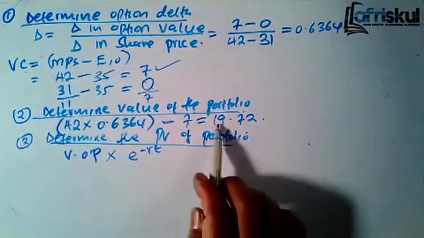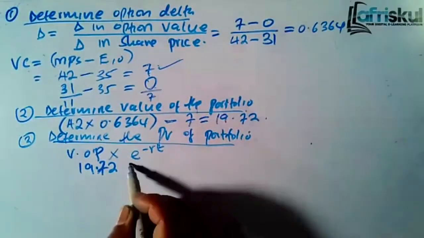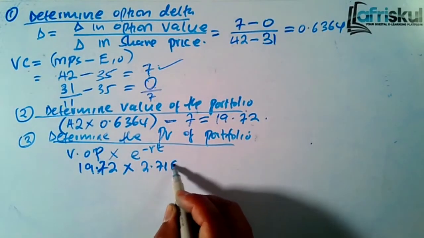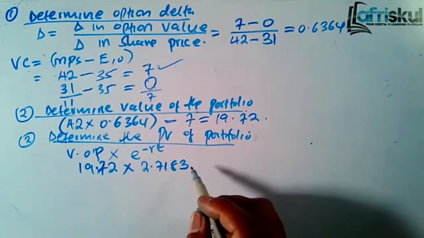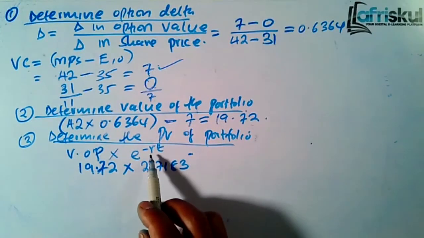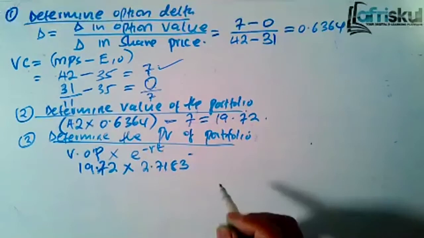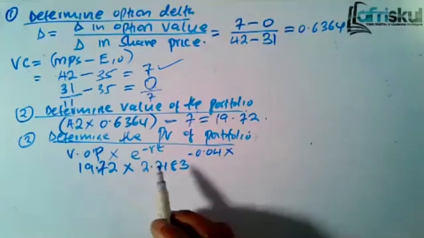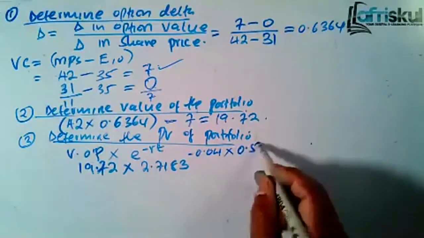So it's 19.72 times e, the exponential, which is 2.7183, raised to the power negative. The risk-free rate was 4%. So it will be negative 0.04 times T. Time was 6 months, so you multiply by 0.5.